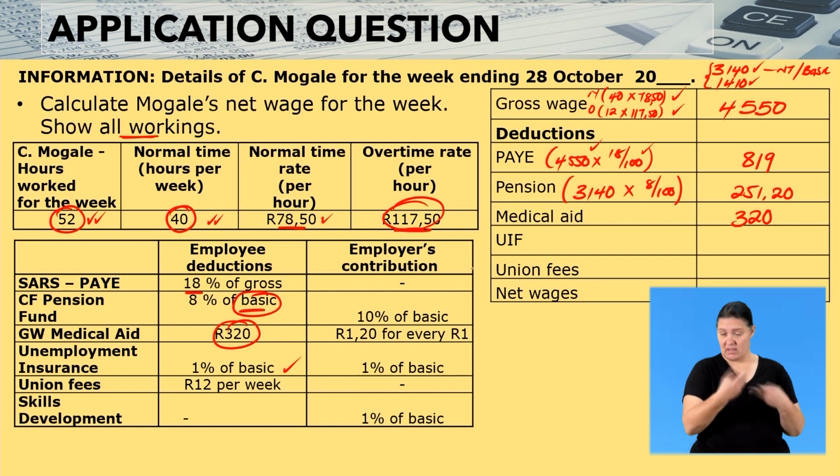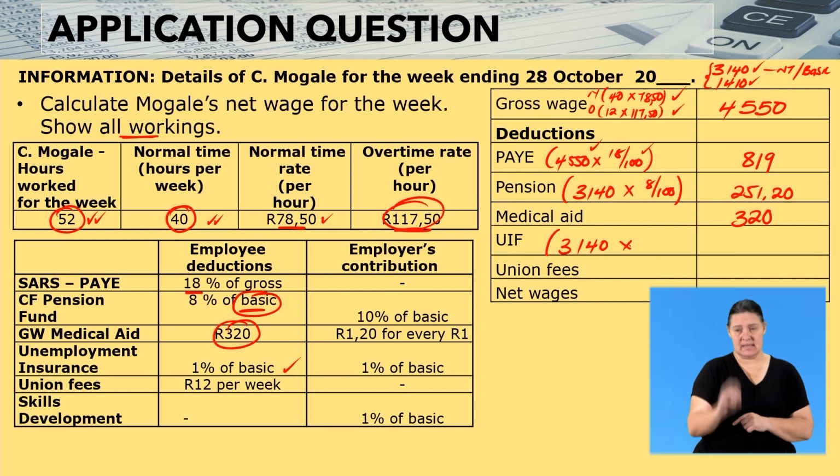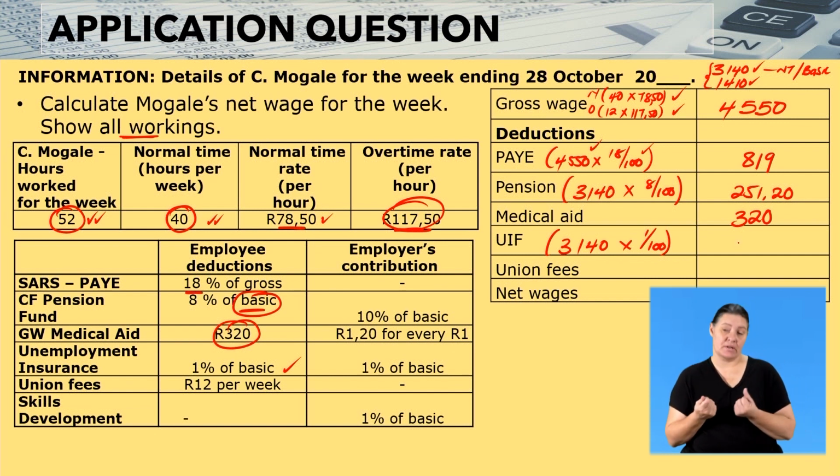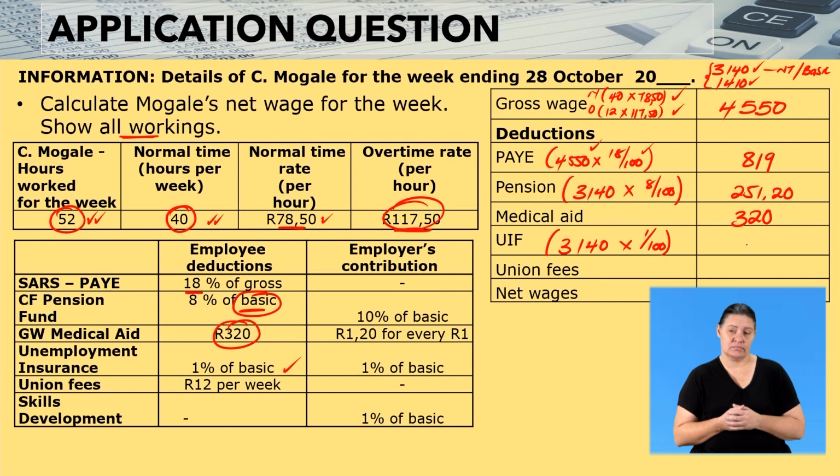My basic is given to be 3,140. And if I'm calculating 1% of my basic, it is 1 over 100. I am going to get an amount which is 31 Rands and 40.